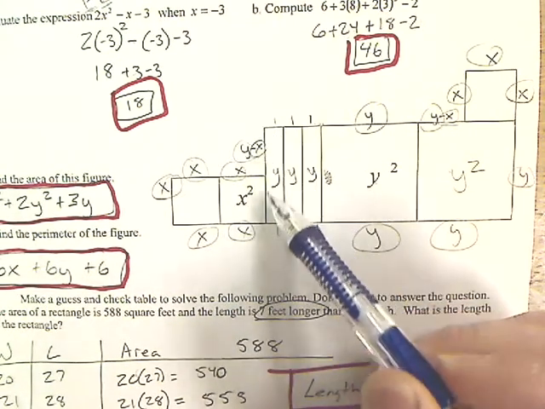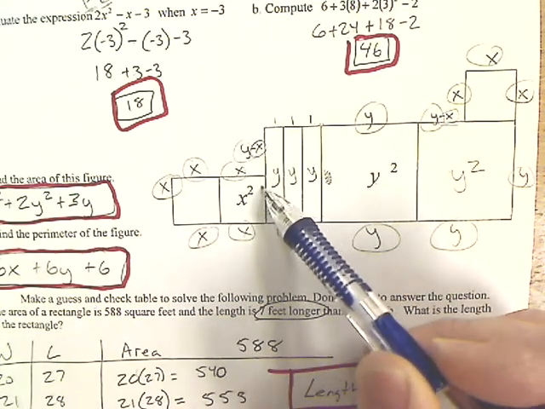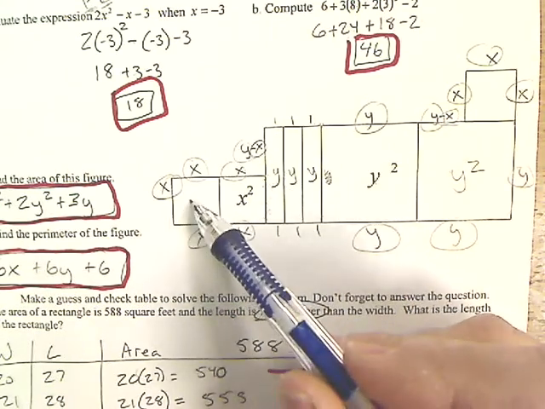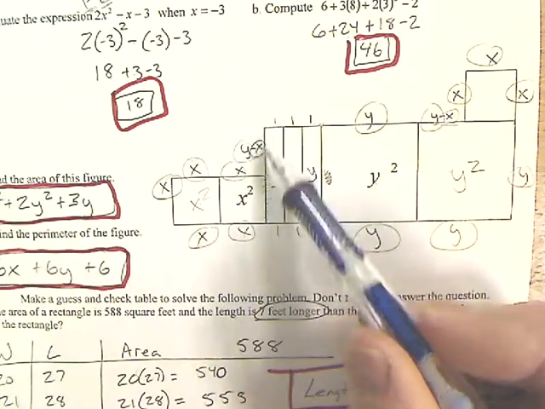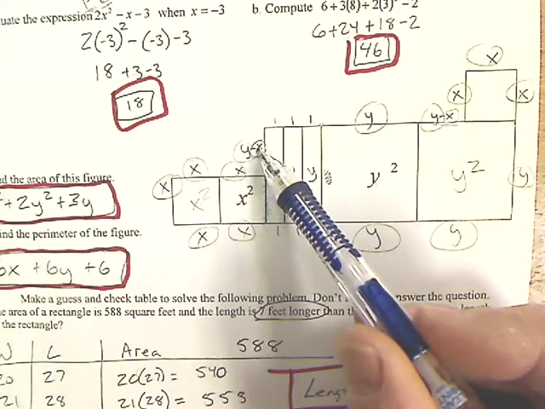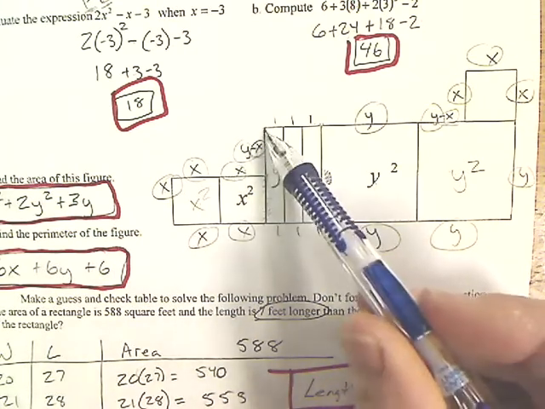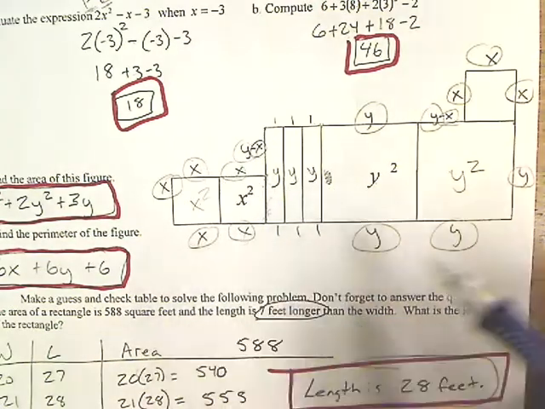This whole thing is y, and I take away this part, which is x, because x times x is x squared. So the whole thing is y minus x. So y minus x is this distance from here to here. We have x, x, x, x, x.